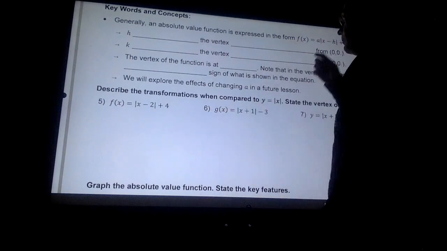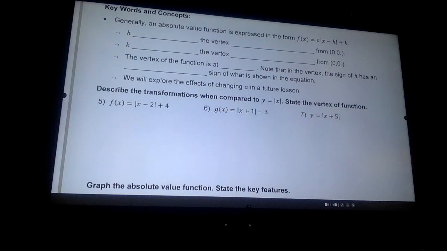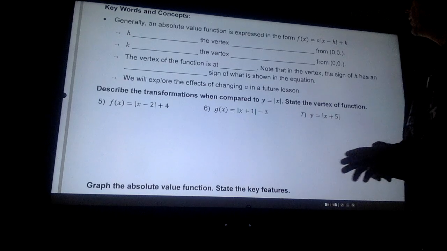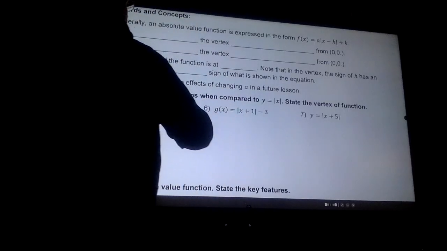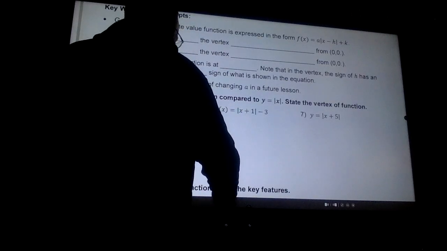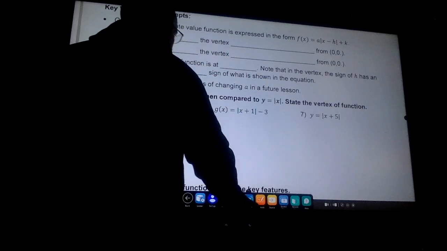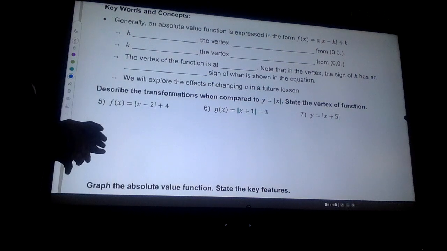All right, so this is our general equation. A can be any number. X is going to stay as an X. H is going to be where? So H says how the vertex moves from 0, 0.